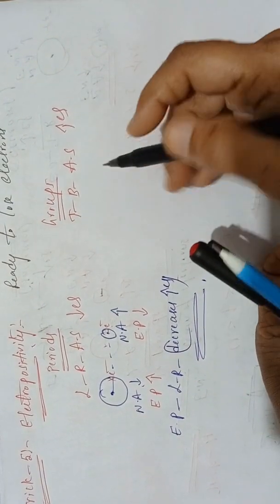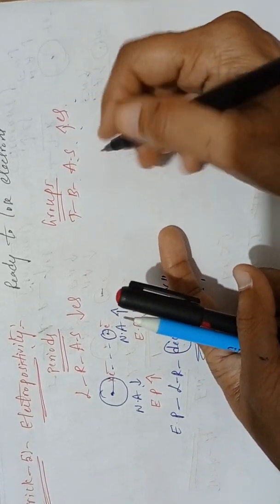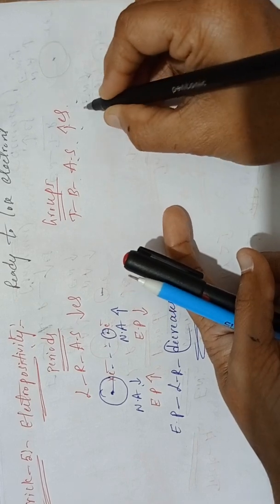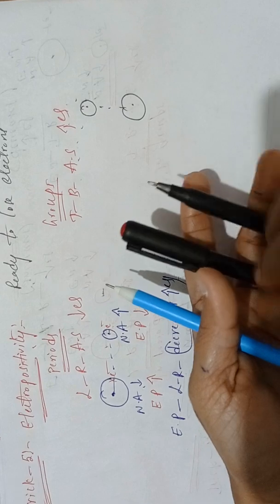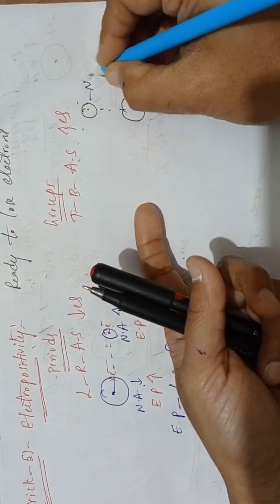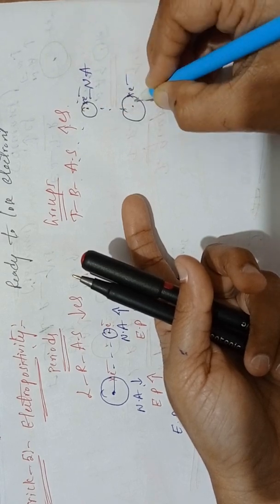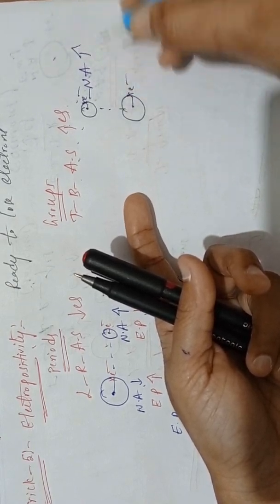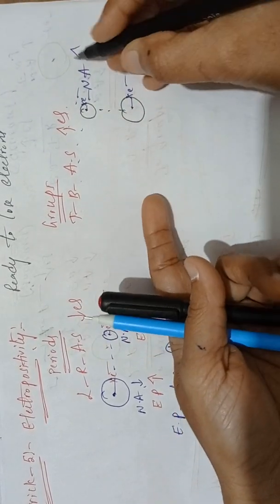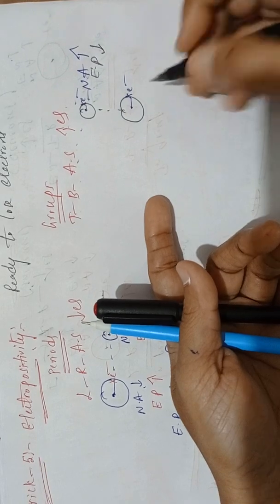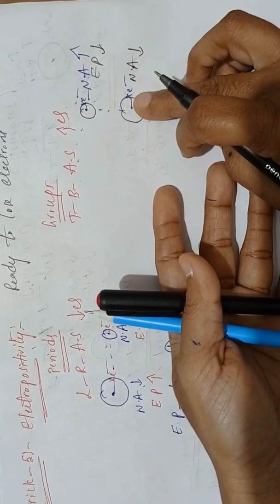Now coming to groups. Top to bottom, atomic size increases, from a small atom to a bigger atom. What is happening to the nuclear attraction on valence electrons? If nuclear attraction is more, is it ready to lose an electron? No, so electropositivity is less. Here nuclear attraction is less because distance is more. Attraction is less, so it is ready to lose an electron, and electropositivity is more.